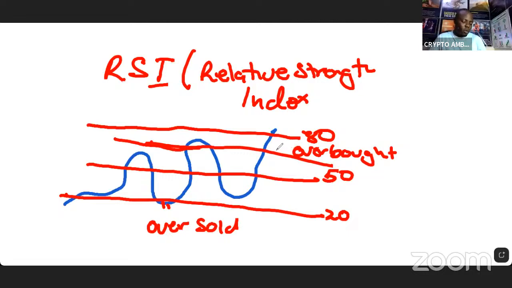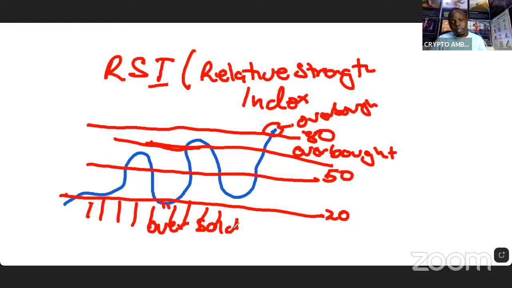So you, as the user of this robot, need to know that once it goes above here, it is in the overbought area. People have overbought this particular asset that you want to trade. And once it goes under 20, in this area specifically, just know this coin has been oversold. People have oversold this coin.